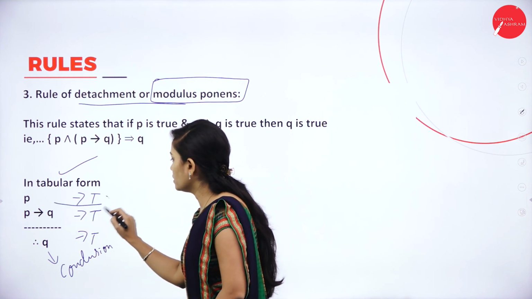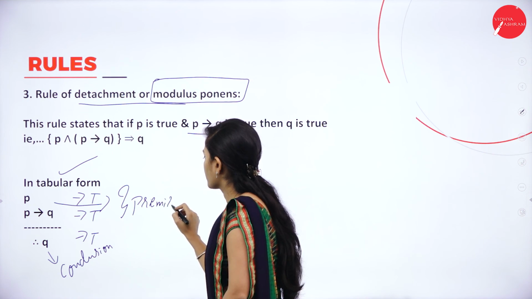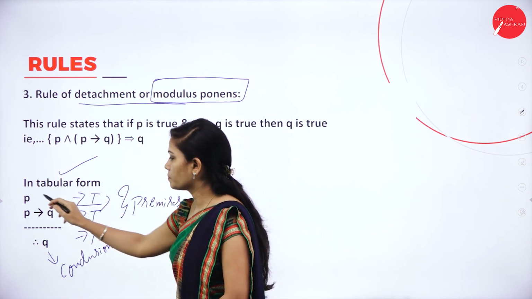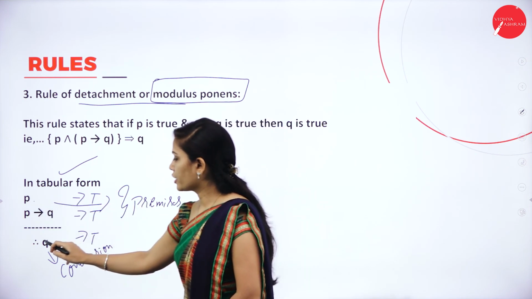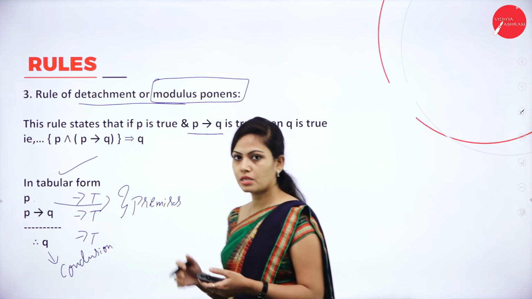So, these two are the premises. This is the tabular form of modus ponens. P and P implies Q are called premises and Q is called the conclusion. So, how to simplify this rule?